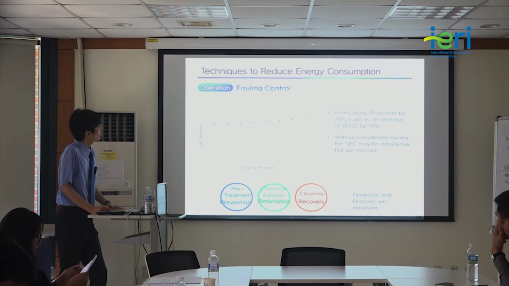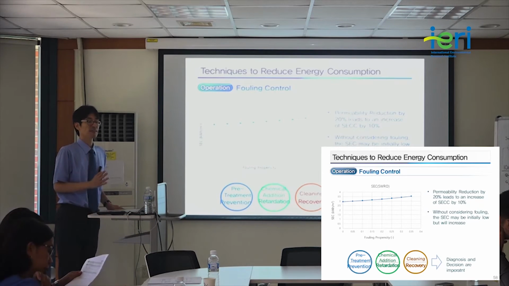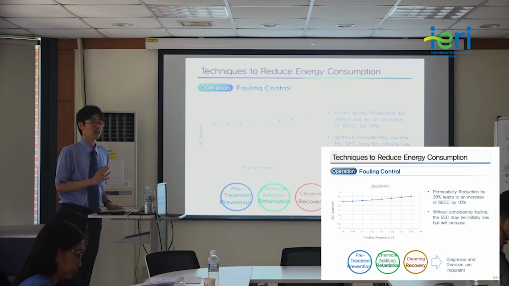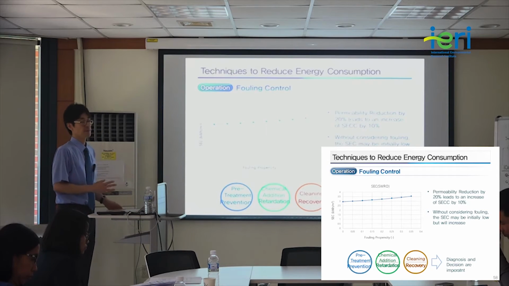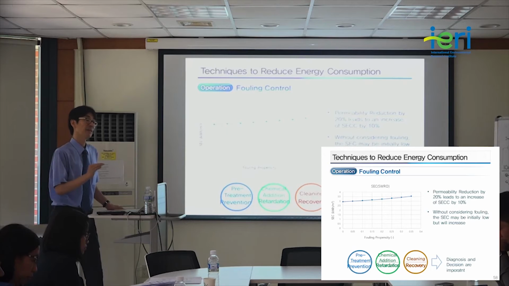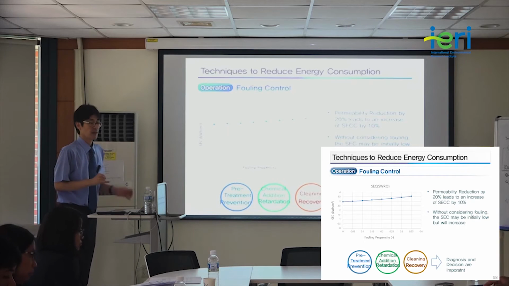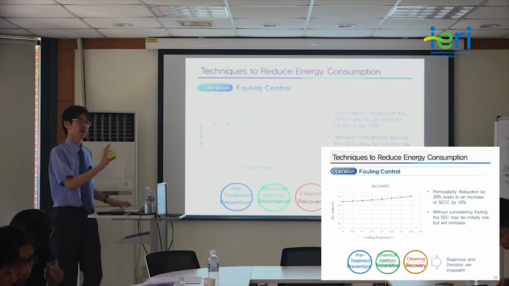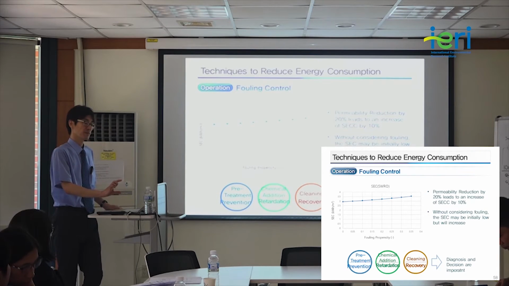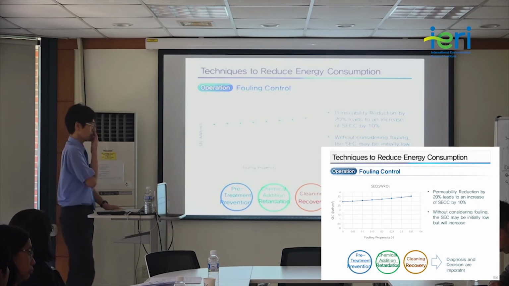Another aspect that we have to consider is membrane fouling. The membrane always tends to be fouled by collecting the impurities in the seawater. These impurities may be particles or bacteria or inorganic salts or other things, but they can easily attach to the membrane surface, and if they form a layer on the membrane surface, it can actually disturb the water passage, so the membrane water permeability will decrease.